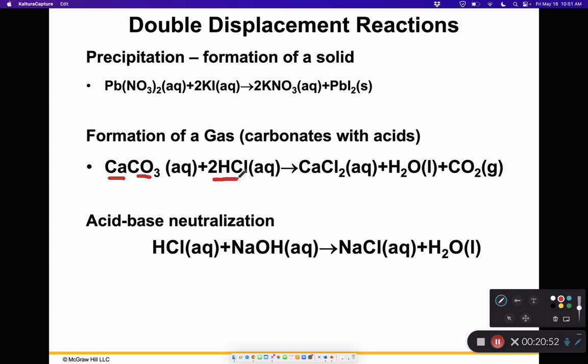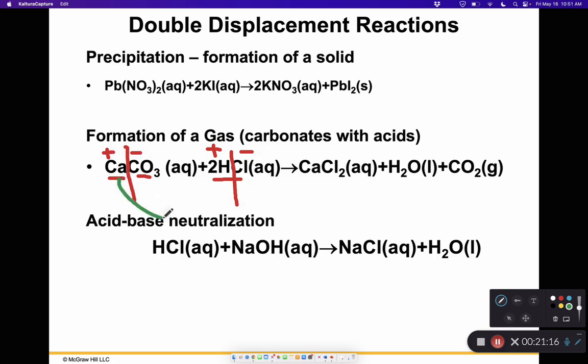You add some hydrochloric acid into it, then that calcium carbonate will break down into positive ions calcium and negative ions carbonate. The HCl can also be broken down into H plus and Cl minus because all of them are in aqueous phase. Now you see the possible combination. You have plus here, you have minus here.